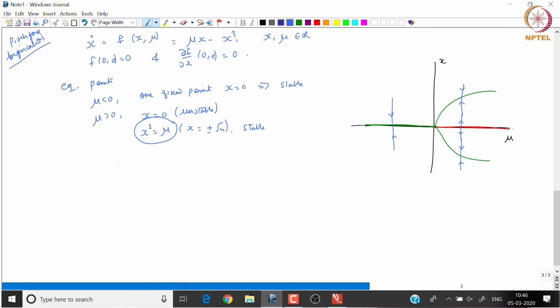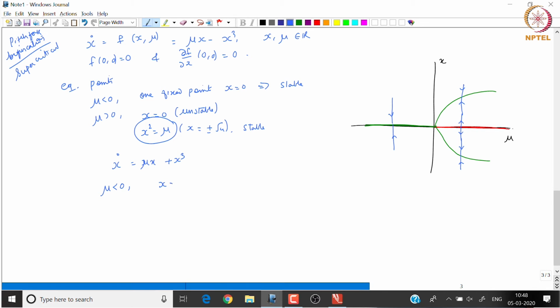So the other case will be very similar. x dot is f of x, mu. This was the supercritical case. In the subcritical case, we had mu x plus x cube. In which case for mu less than 0, we had 3 equilibrium points.